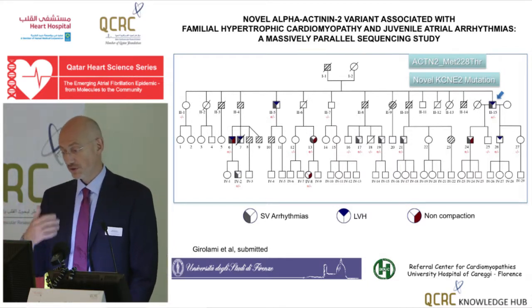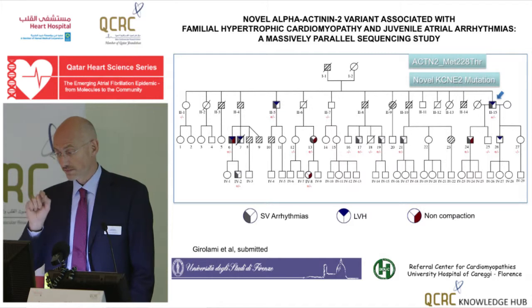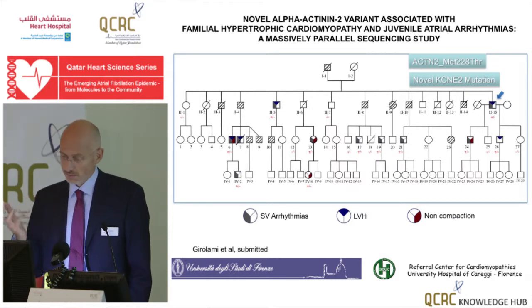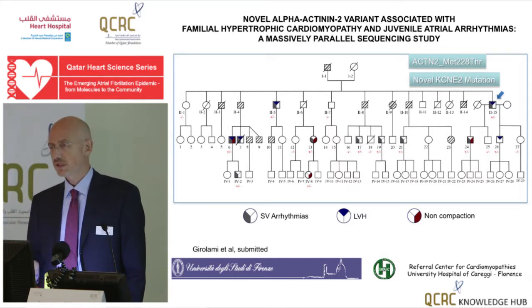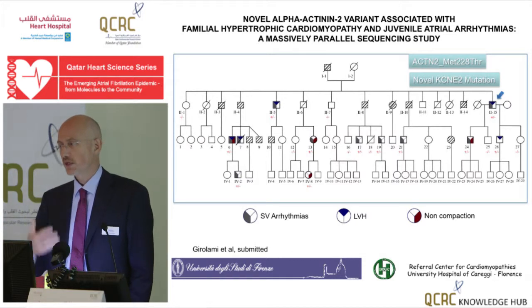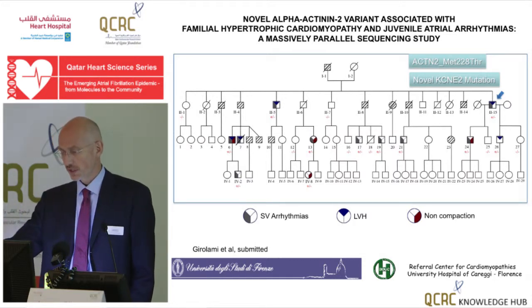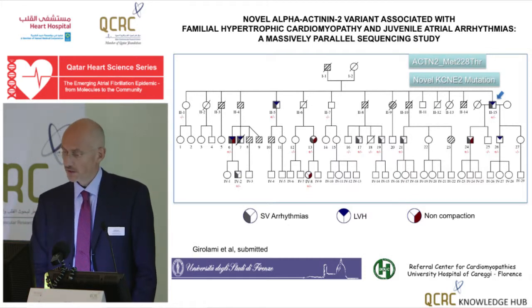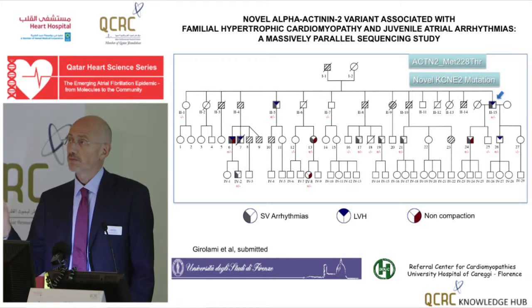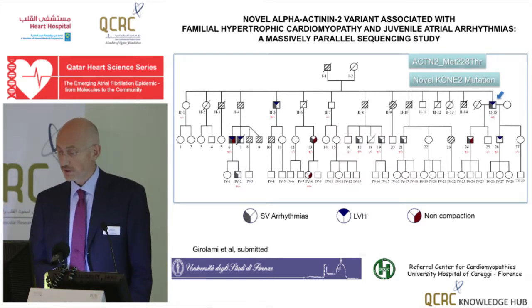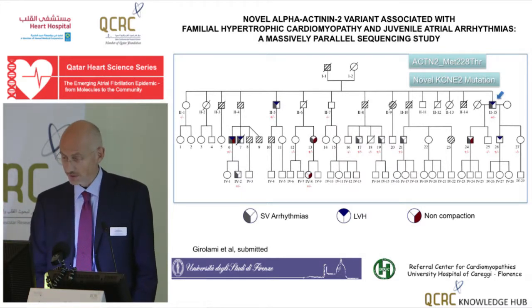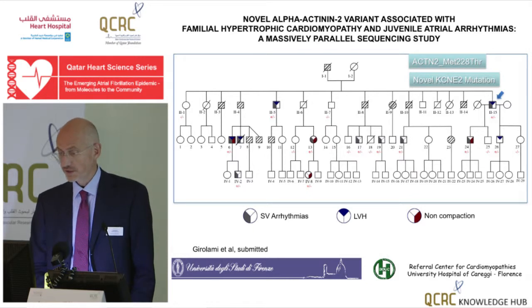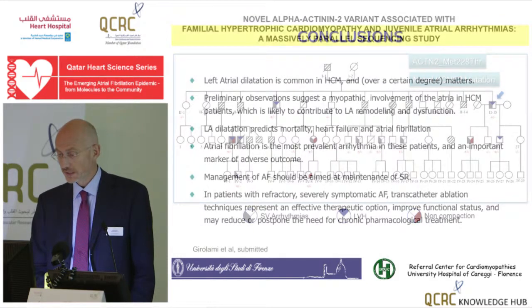It's very hard for us to know whether these are actually disease causing or what modifies the disease, causing the arrhythmia per se or whatnot, and we are now trying to co-segregate this mutation with the family and with the other phenotypes. Next generation sequencing is definitely opening up a lot of issues here, raising more questions than answers, but this is definitely a very exciting step forward.